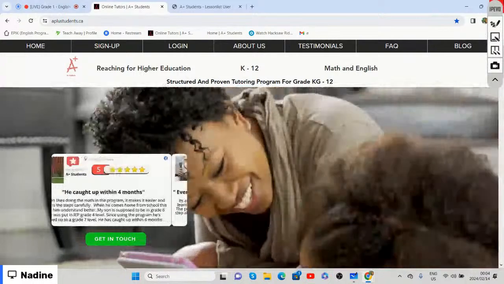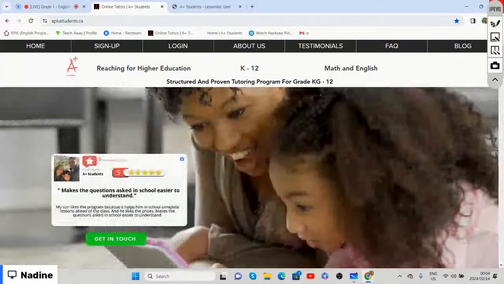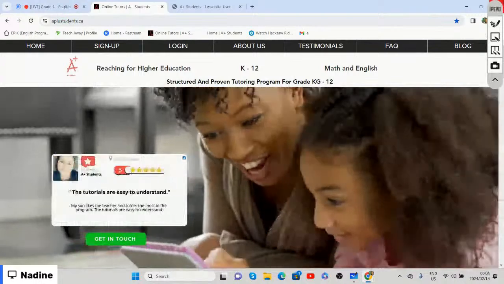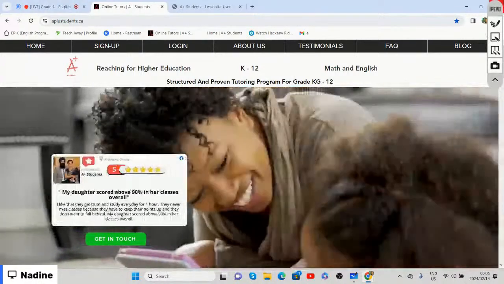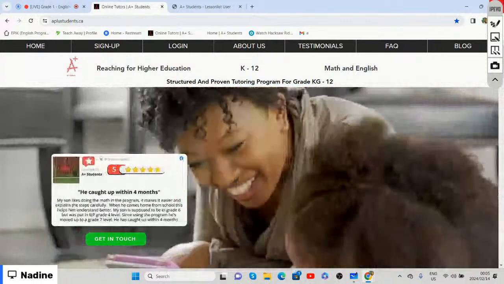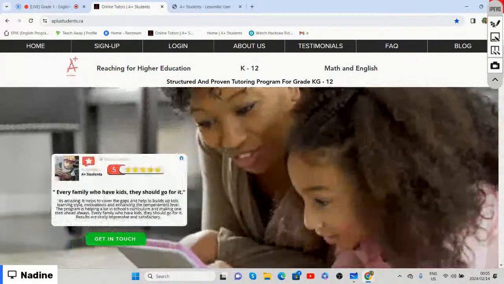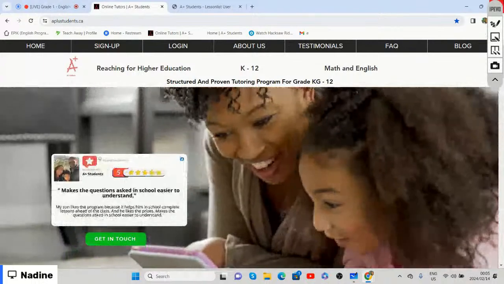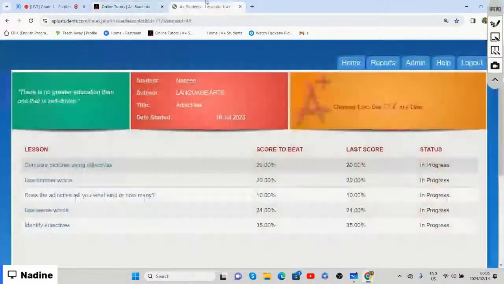and then we're going to select our subject of language arts, grade 1. Then we're going to scroll down until we get to the chapter of adjectives.